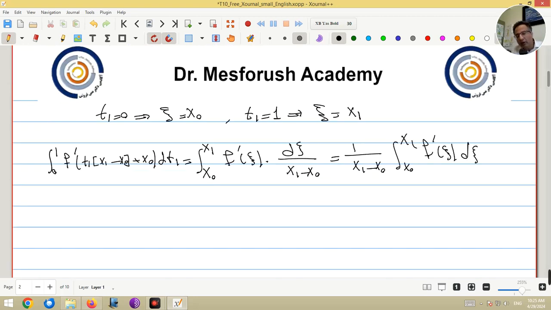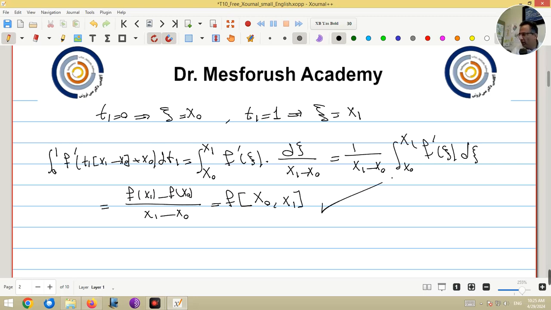And this integral, I know, will be f of x1 minus f of x0, so it will be (f(x1) minus f(x0)) over (x1 minus x0), and we know that this is exactly equal to f[x1, x0]. So for n equal to 1, everything is okay, and I put a check mark here.